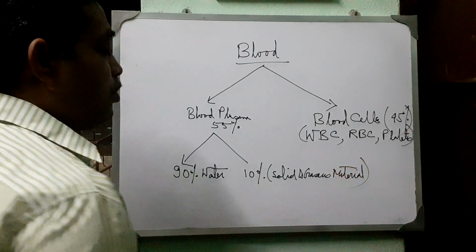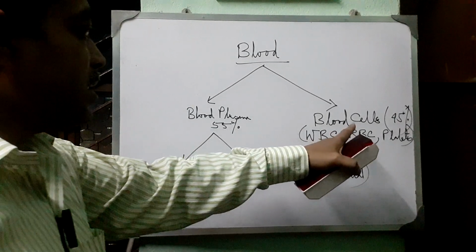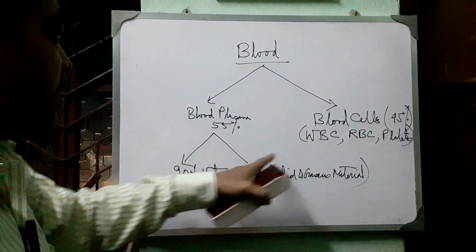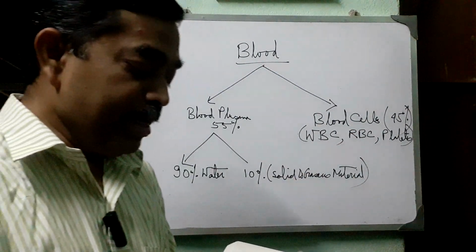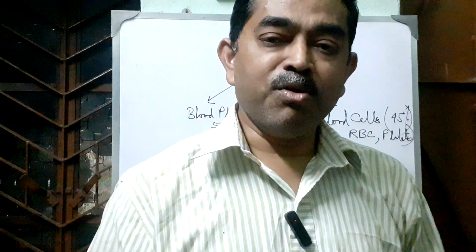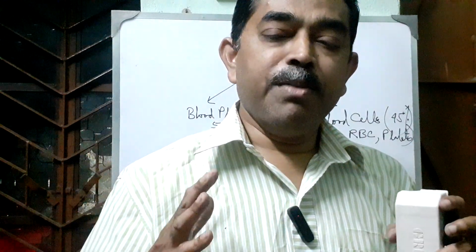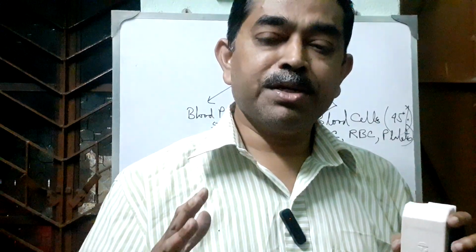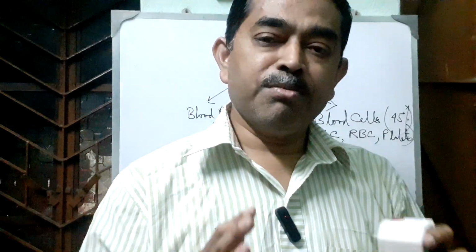In a healthy man or woman, the quantity of blood is generally about 5 liters.